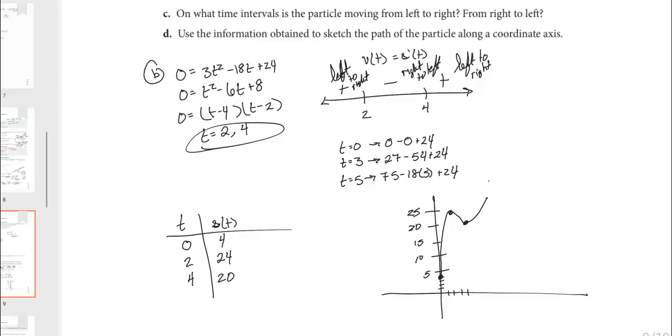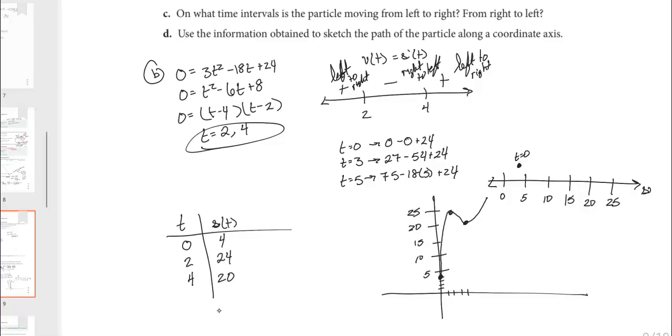So if I think about this horizontally, which is how this textbook likes to do things. So here's a 0, and this is going to be distance. So we're at 4 units at time equals 0.